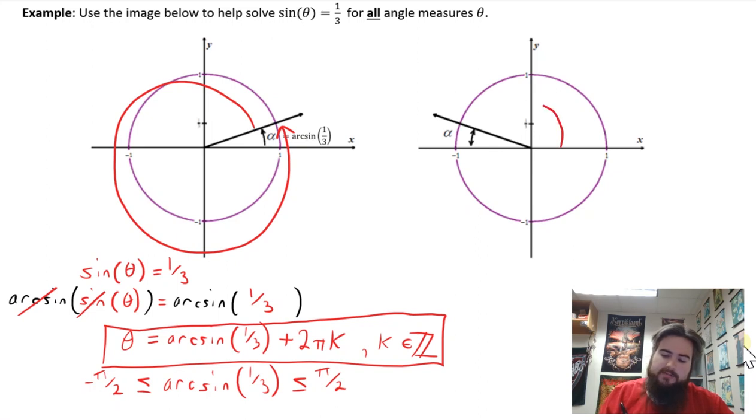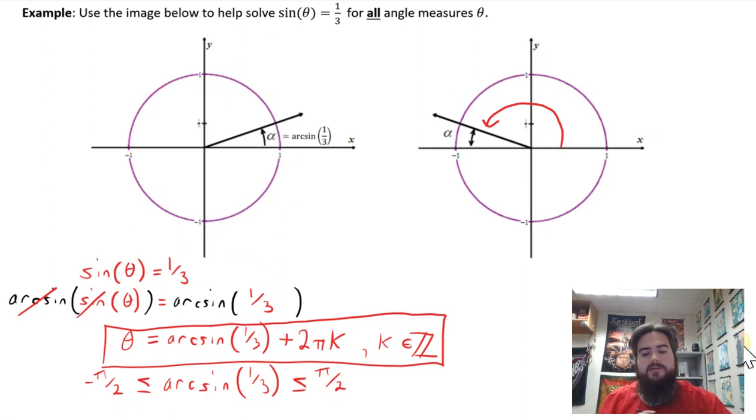Well, if we want to find what this angle measure is, which has the same reference angle as the one we had in quadrant 1, then all we really need to do is find what happens when we go all the way to the negative x-axis, which is pi, and then we go back that amount that we determined from quadrant 1.